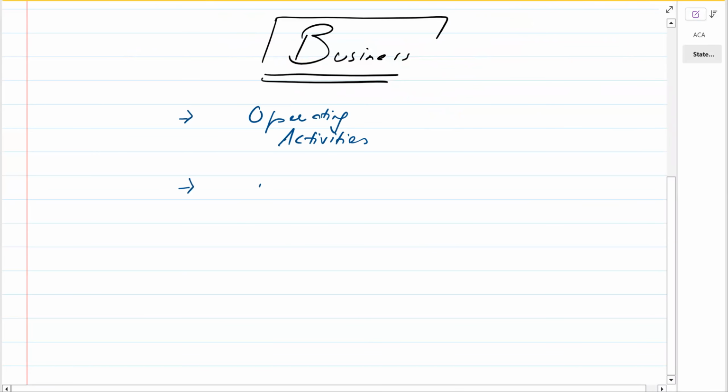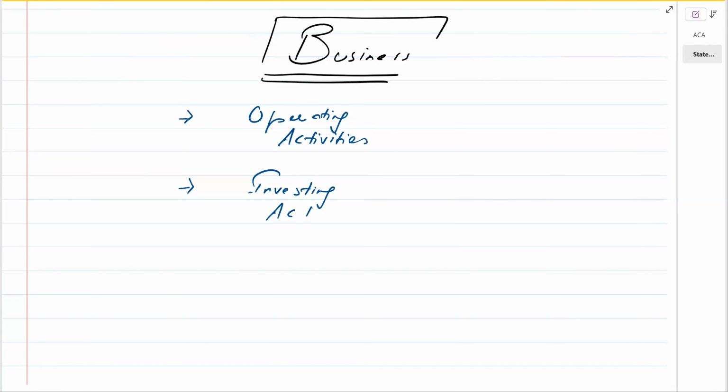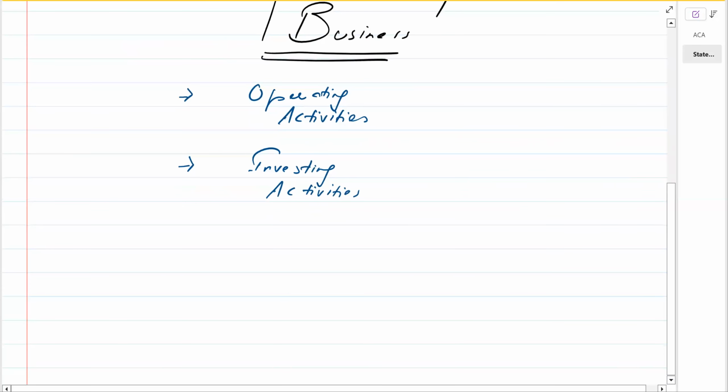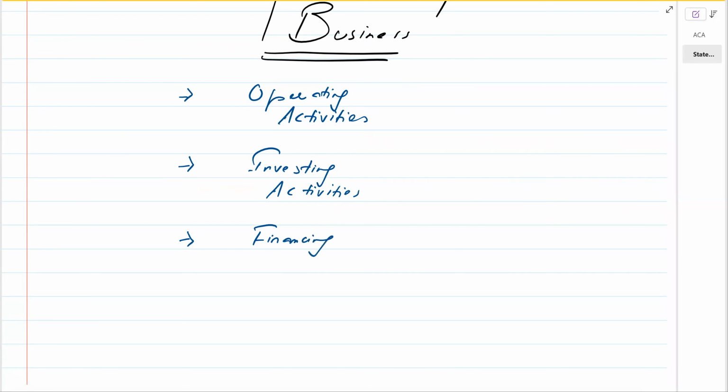And then we have the investing activities, which are the acquisitions and the disposals. And then we have the third one, which is the financing activities, which includes the issuance of shares, issuance of loans, repayment of loans, and dividends.